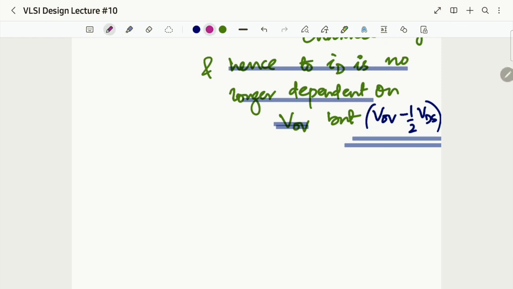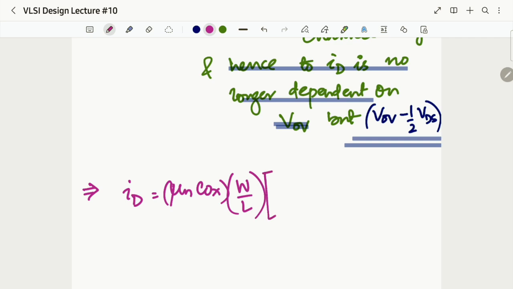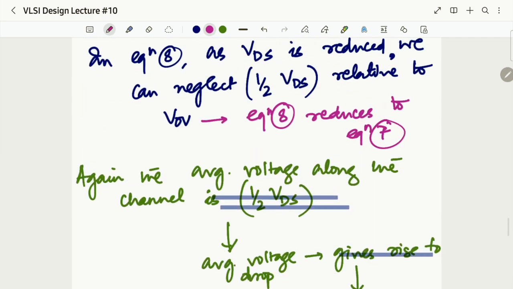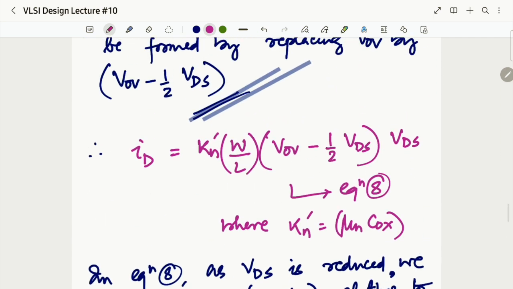Now, this implies ID equals mu n COX into W by L, VOV multiplied by VDS minus half of VDS square. This is again the same equation 8. Simply what I have done is I have multiplied this VDS within the bracket and I have expanded my Kn dash.